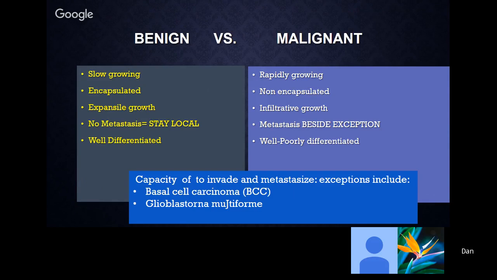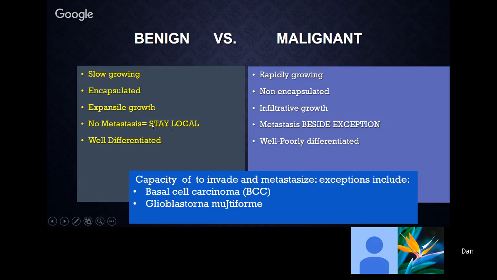Otherwise, they don't create much of a problem unless they are productive. For example, an adenoma of the adrenal glands can produce hormones, and those hormones become abnormal. Cushing disease is one of them. Pheochromocytoma is another one, which gives you a lot of symptoms.